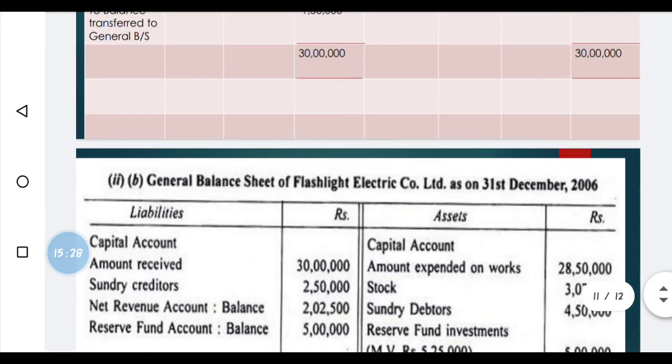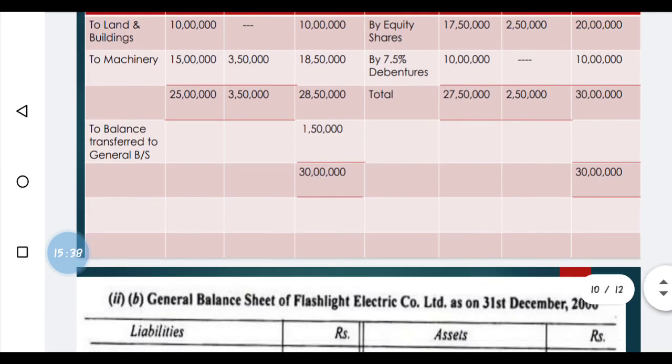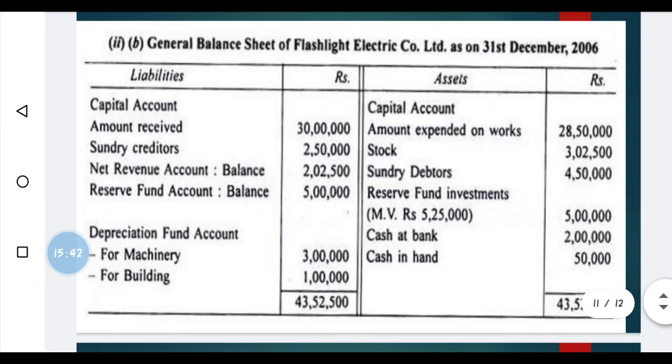Again, see the receipt side, that is total capital raised by equity shares and debentures is 30 lakh. That also we write on the liability side, total capital 30 lakhs. Here we find the difference, 30 lakhs minus 1,50,000, so the remaining 1,50,000 is the difference.